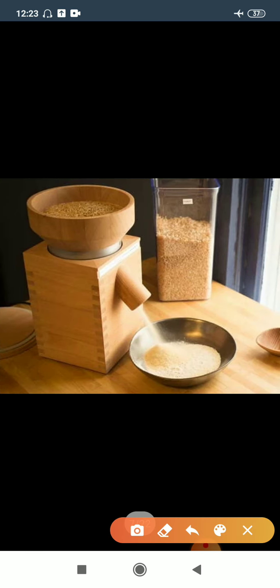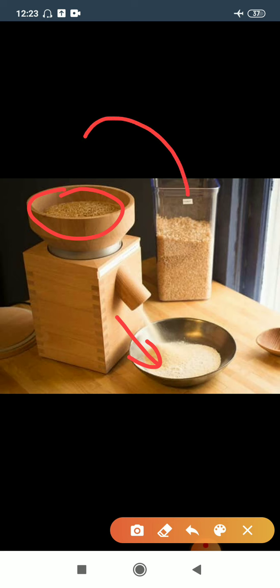Now, students, in this picture, modern people are converting wheat into wheat flour. Again, you can see the wheat is transferred into this machine from above.